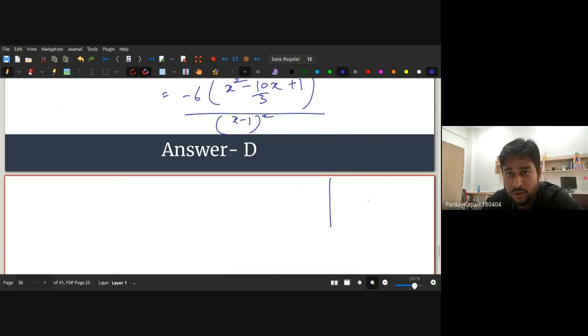So what are the roots? Or if I factor this one, 3x² − 10x + 3.